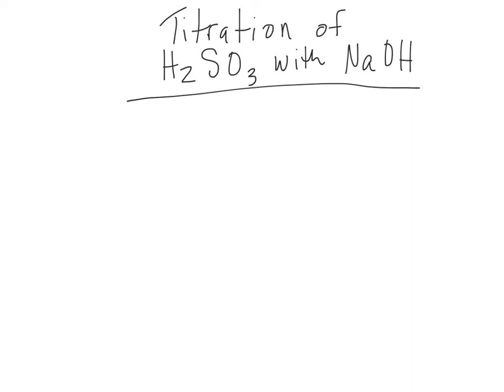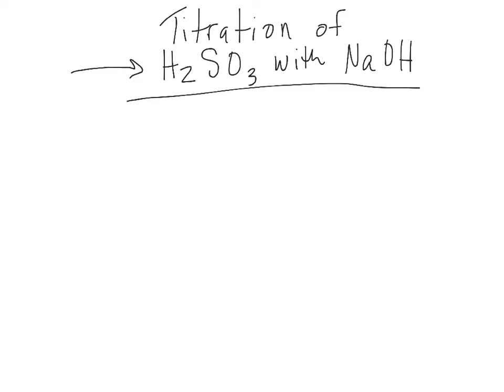Hey everyone, this video takes a slightly different look at titration. What happens if when we're titrating we have what's called a diprotic acid, or in the case of if we were to titrate Coca-Cola, phosphoric acid is triprotic.